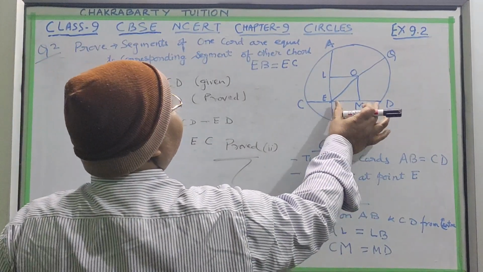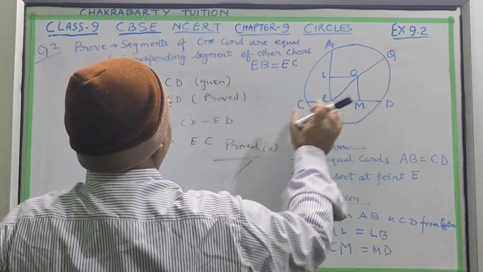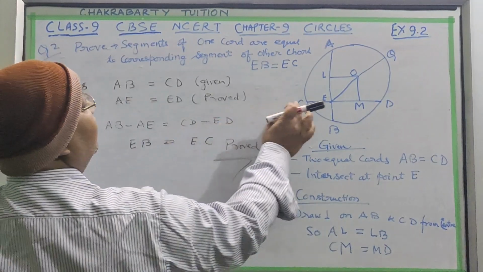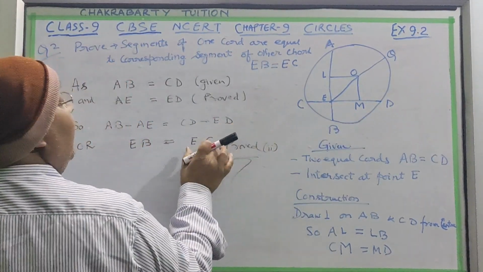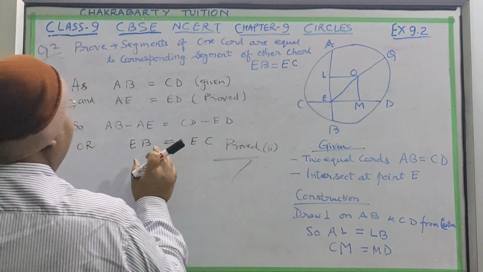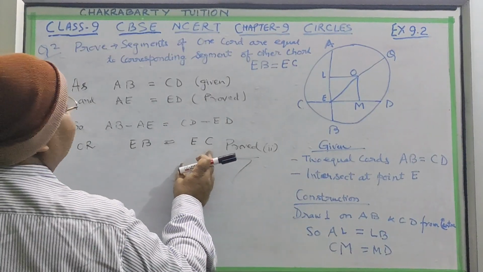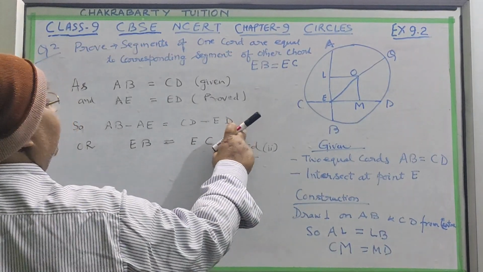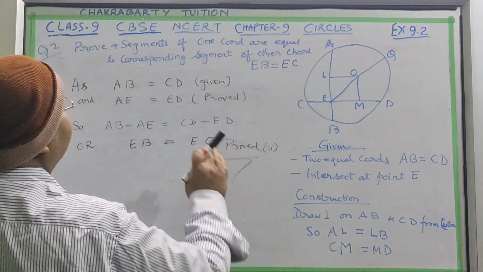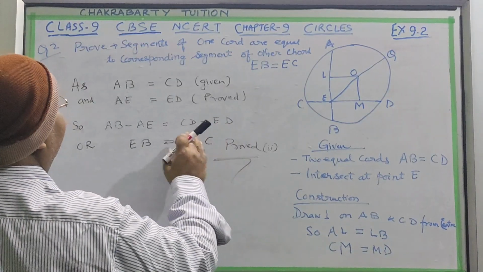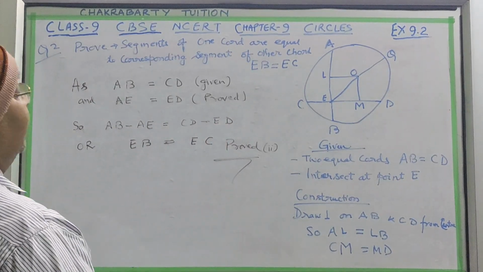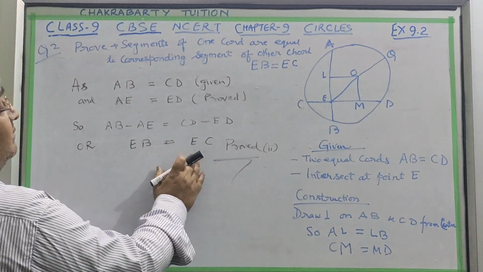And from the full line CD, if you remove ED, EC will remain. It means EB will be equal to EC, because of the postulate that if equals are subtracted from equals, the results are also equal.